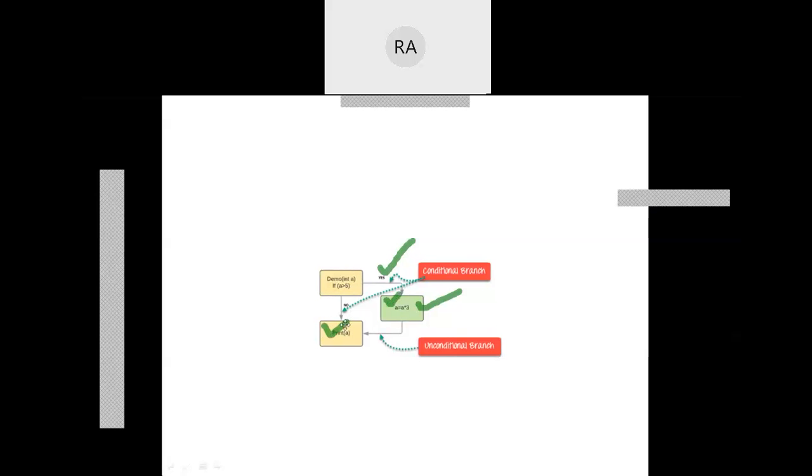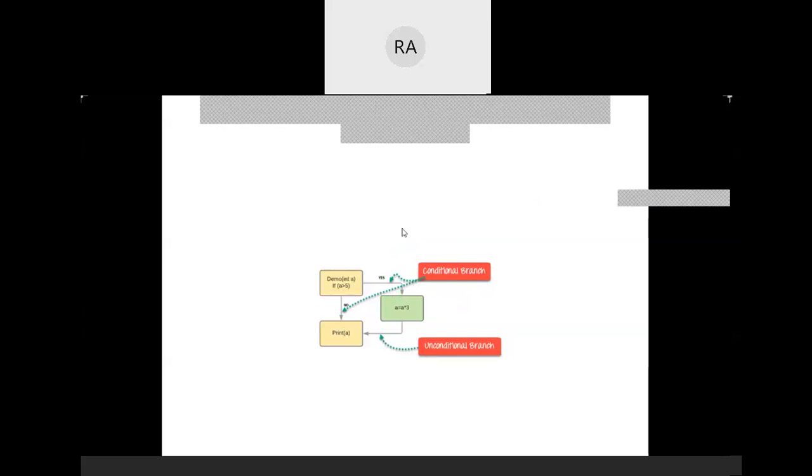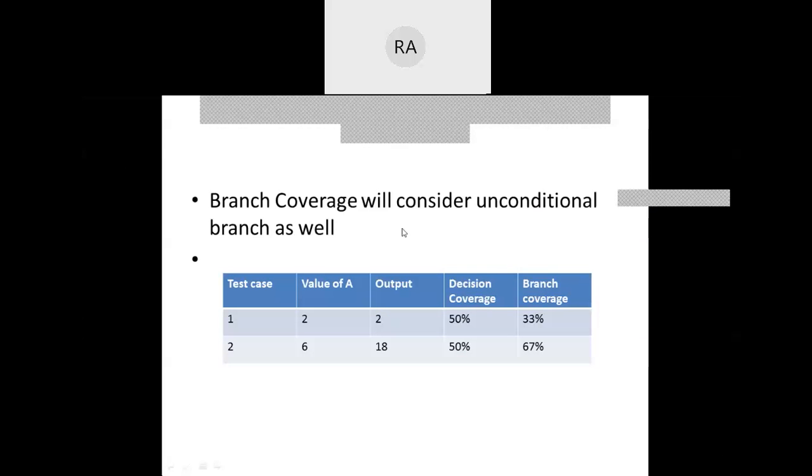That's why this is called an unconditional branch, and the other is a conditional branch. By branch coverage, you are differentiating between conditional and unconditional statements in the source code. In branch coverage, we are going to consider the unconditional ones as well.